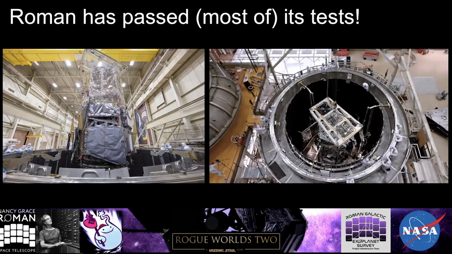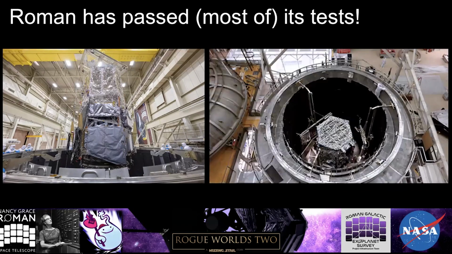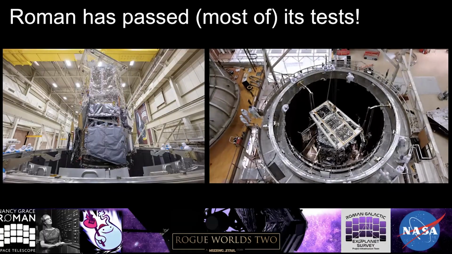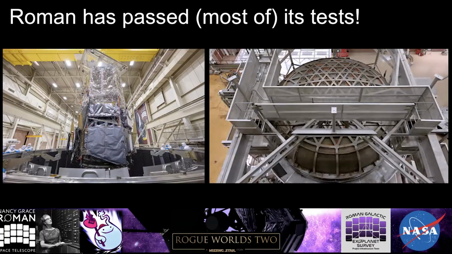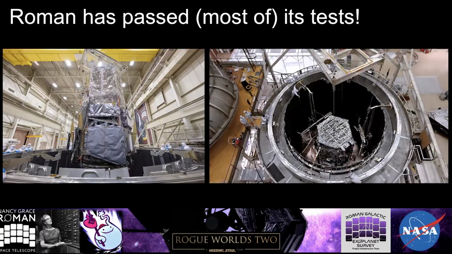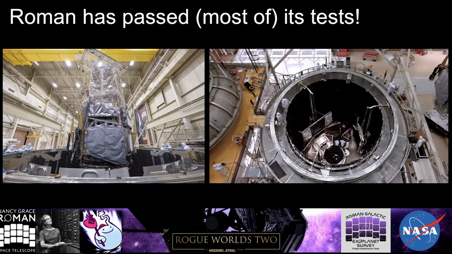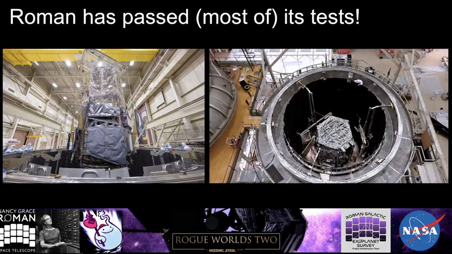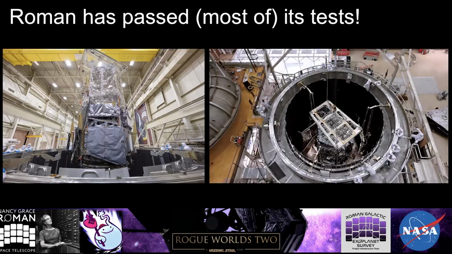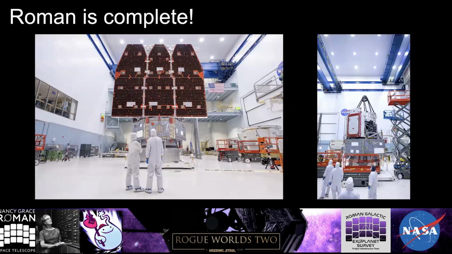It was put into a very, very large vacuum chamber earlier this year and was tested for many months and basically passed all of its tests. There were a few surprises, which are not showstoppers, things that can be fixed. And now it has been lifted out of that container and assembled.